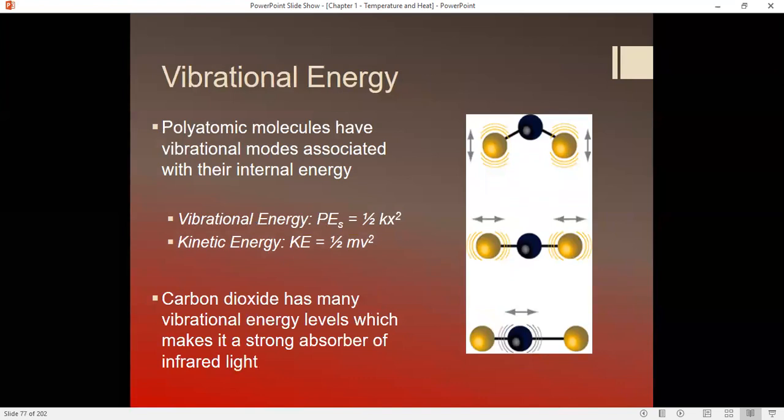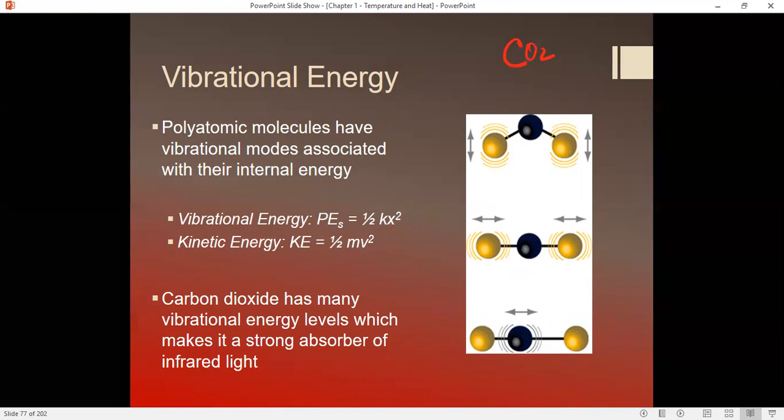But that's not the only type of kinetic energy we can have. Not only the molecules moving around in all different directions, they also can be vibrating, where this vibrational energy is basically connected to what we said with the energy of a simple harmonic oscillator. Now, this is a CO2 molecule. Look at it.